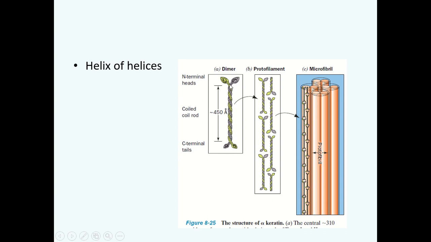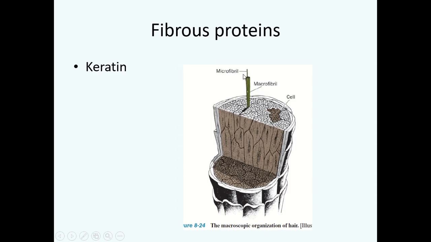And then many of these dimers of the protein arrange with one another and form a higher order structure which is called a protofilament. And then many such protofilaments associate with one another and give rise to this structure which is called the microfibril. And this is one of the microfibrils which is shown here.